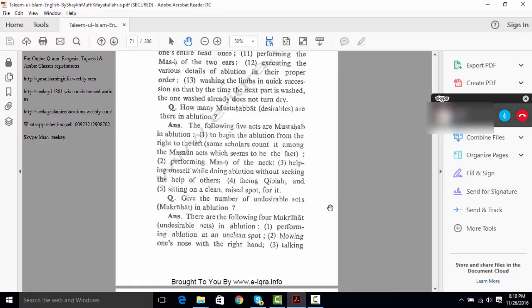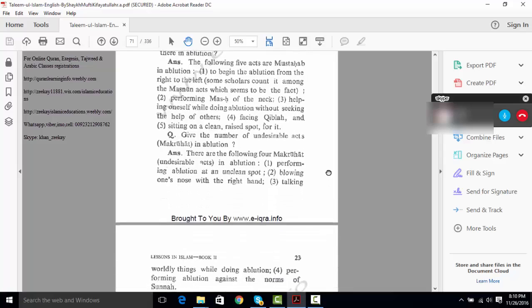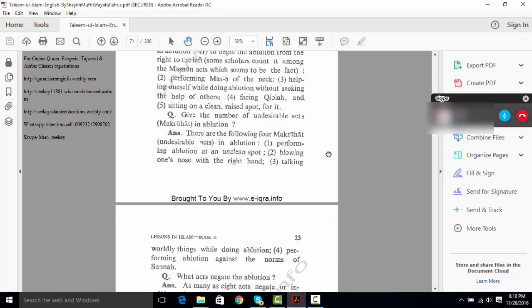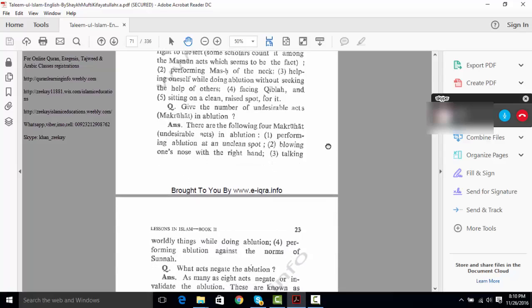Five. There are five desirable acts called mustahabbat. Understand? And how many undesirable acts are there? Four. Yes, undesirable acts are four.